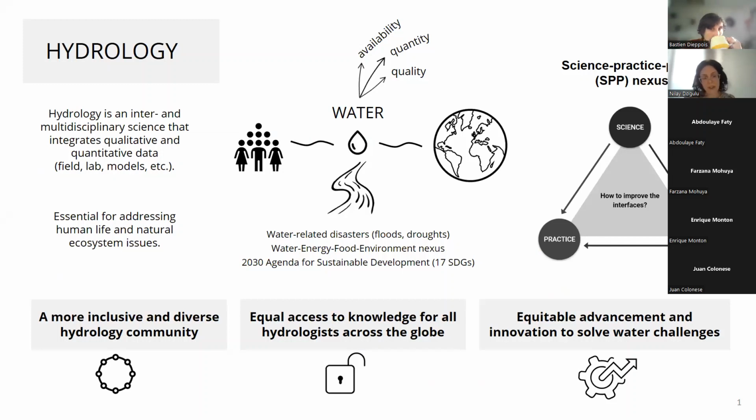Of course, an inclusive and diverse community is what helps us to thrive in terms of both science and career professionally. And the innovation that we help to produce is, of course, important, and making this equal is really essential, especially when connecting the interfaces of the science, practice, policy nexus in a world of hydrological extremes and with a global agenda which is very much focused on sustainability.